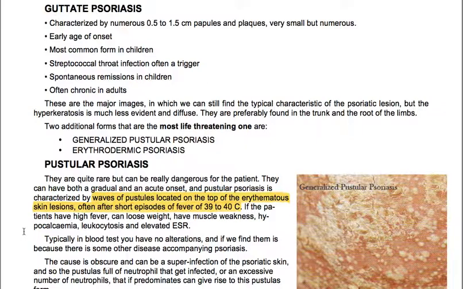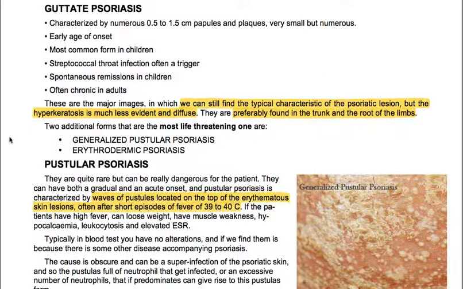We have a spontaneous remission in children, and it is often chronic in adults. We can still find the typical characteristics of the psoriatic lesion, but the hyperkeratosis is much less evident and diffuse. They are prevalently found in the trunk and the roots of the limbs.